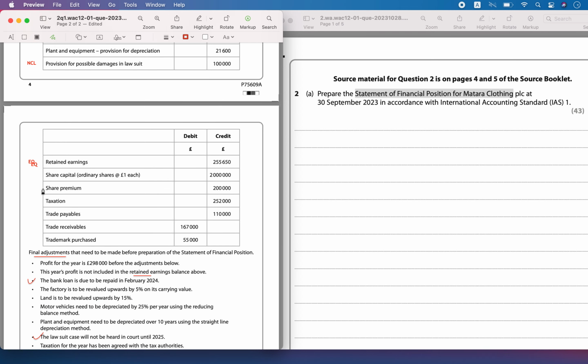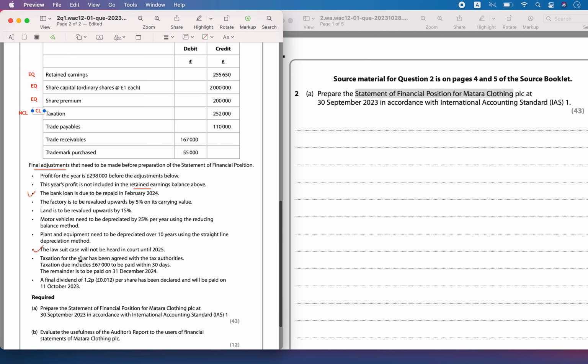Then share capital, this is also going to appear in the equity section. Share premium is going to appear in the equity section. Then you have the taxation. This is going to appear in the non-current liability, and it is also going to appear in the current liability in part.